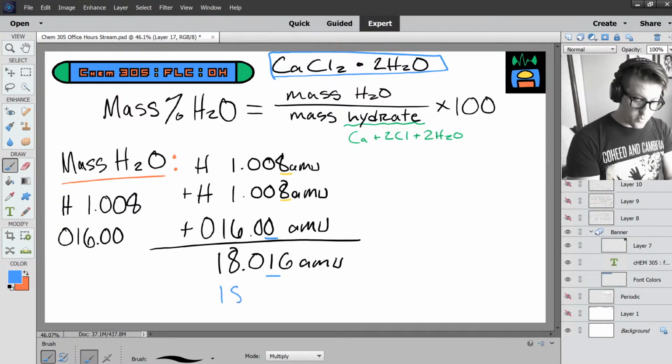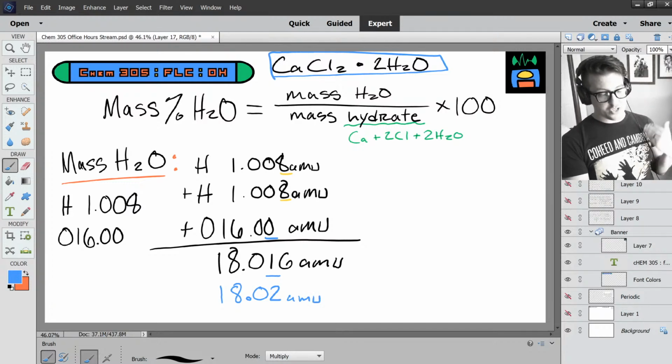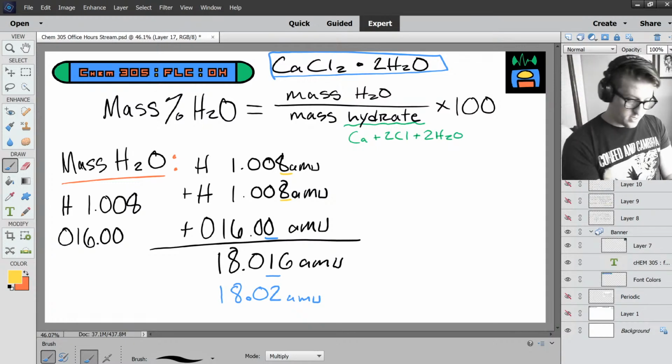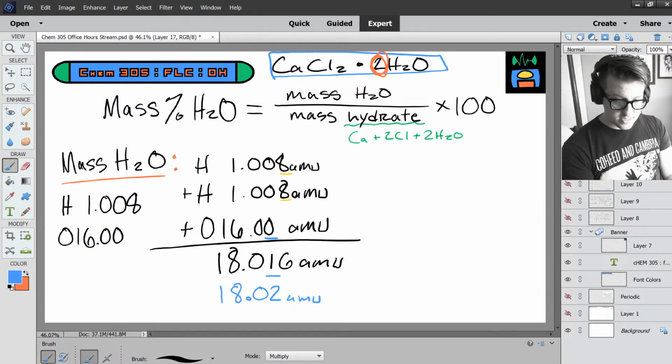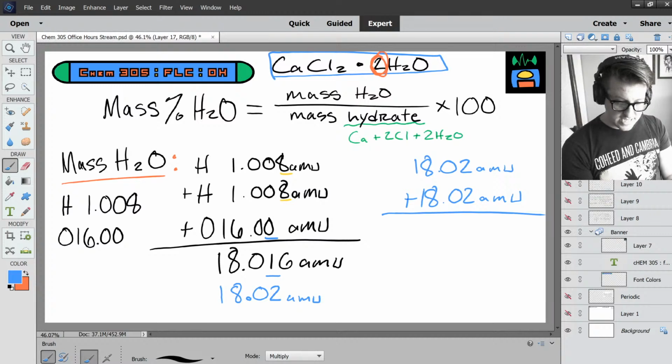So the mass of one water molecule will be 18.02 AMU. Now we don't want to know the mass of just one water molecule, right? For us, we have two water molecules in play, so we need to know the mass of 18.02 AMU plus another one, right? We have two of them. When you add these together, they sum to 36.04.